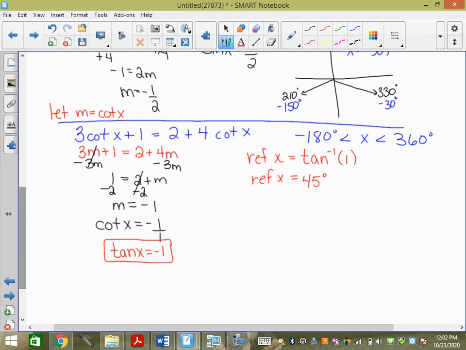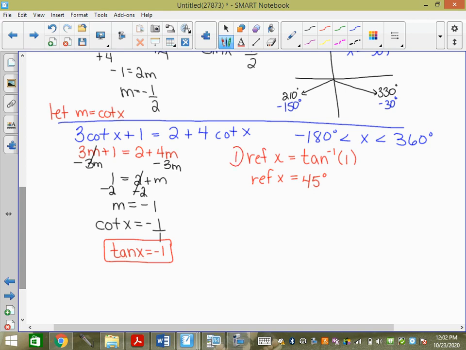Why would the 45s be 1s and -1s for tan? If you look at the 45s, you're doing root 2 over 2 divided by root 2 over 2. Exactly. They have the exact same x's and y's at those spots, right? So tan is actually -1 in quadrants 2 and 4 at 45s, and it's +1 at quadrants 1 and 3 at 45s. So you don't spot it, no big deal.